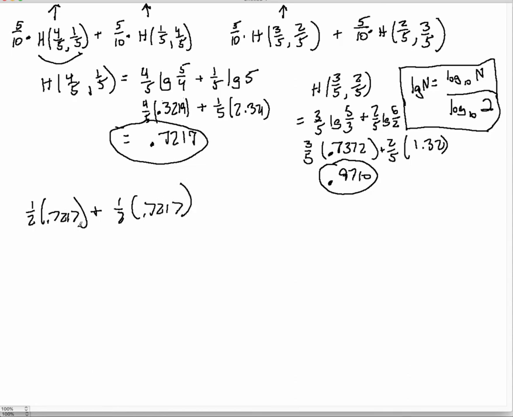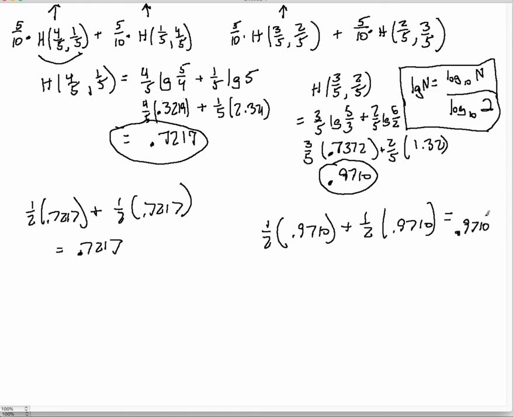And of course, I've got 2/2 of these. That's just going to be 0.7217. Likewise, over here, I've got 5/10, that's 1/2 of this entropy here, which is 0.9710, plus 1/2 of 0.9710. And that's just equal to 0.9710.